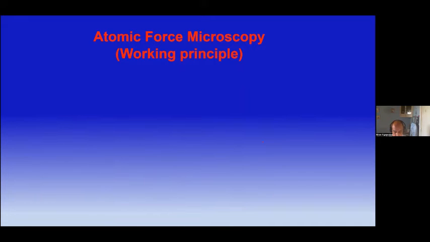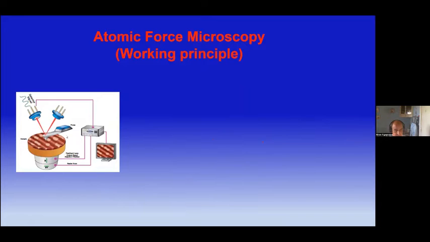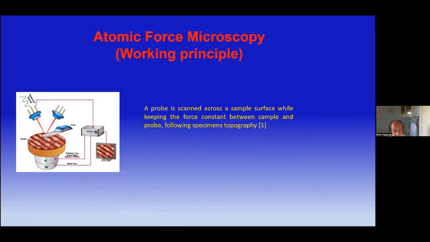Focusing on atomic force microscopy, the working principle is a cantilever, at the end of which there is a tip, which is scanned across the sample surface, while trying to keep the force between sample and probe constant.